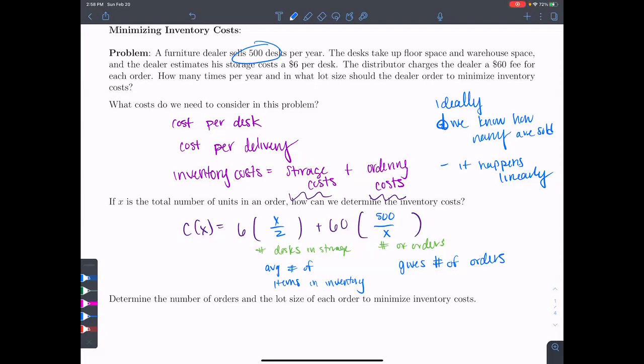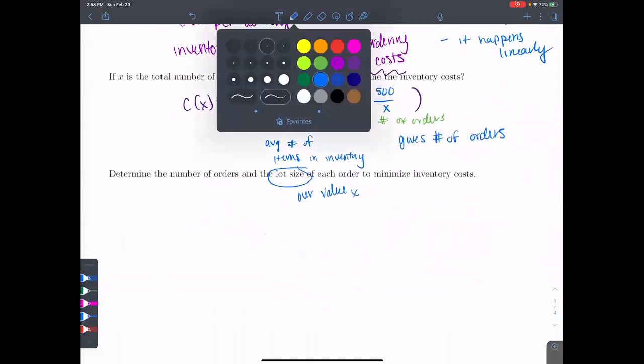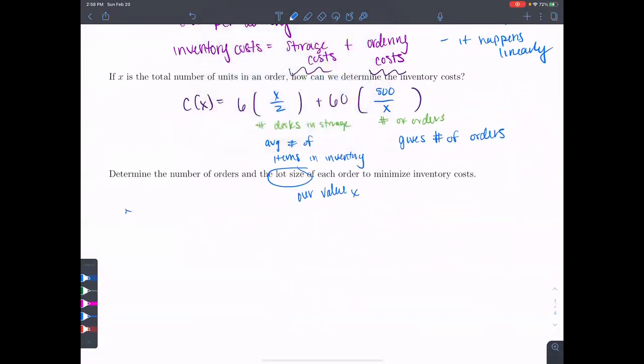Okay, so determine the number of orders and the lot size. Size is our value X in order to minimize inventory costs. So we're going to find the lot size first, and then the number of orders.